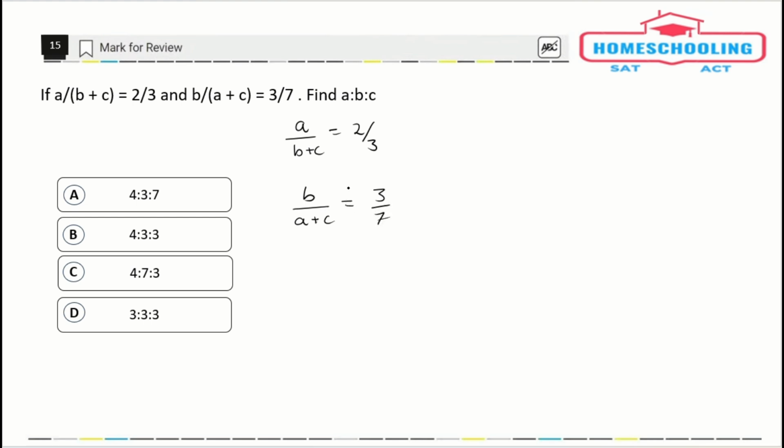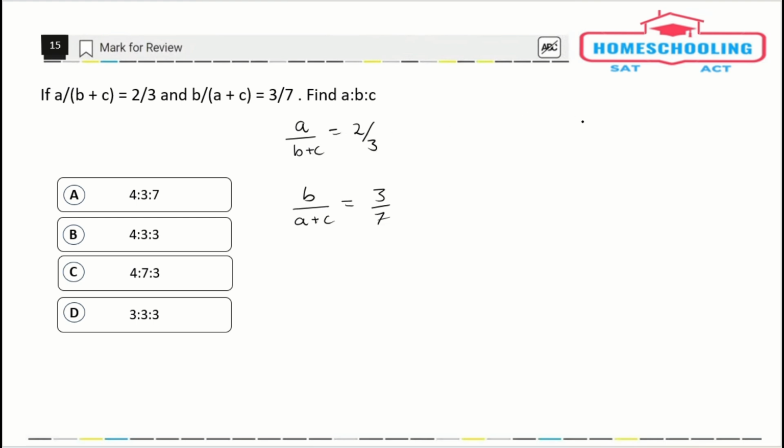This question was asked a few years back. A lot of students were not able to solve this question. So there is a trick to it. As we can see here, A divided by B plus C is in a ratio 2 is to 3.